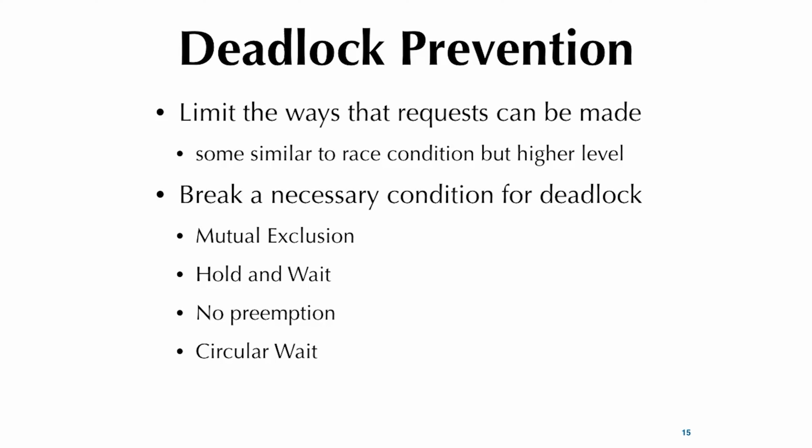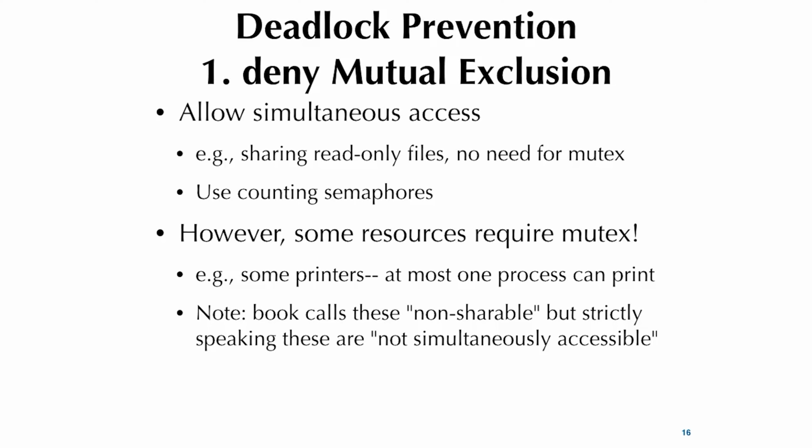So over different times, yes, they could share, but not at the same time. So the point comes back to some resources require mutual exclusion, therefore you can't apply denying mutual exclusion as a way to prevent deadlock. Okay, so it's really limited by the nature of the resource.